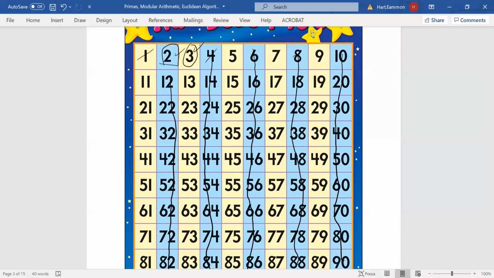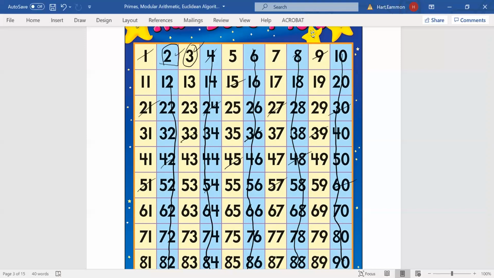That means it's not divisible by anything I've crossed out beforehand, and it can't be divisible by a number that's greater than it. So 9 goes, 15 goes, 18 would go, 21 goes, 24 would go. I'll still do that extra cross, but obviously it's unnecessary for the ones that have already been done. 48, 51, 54, and 60.